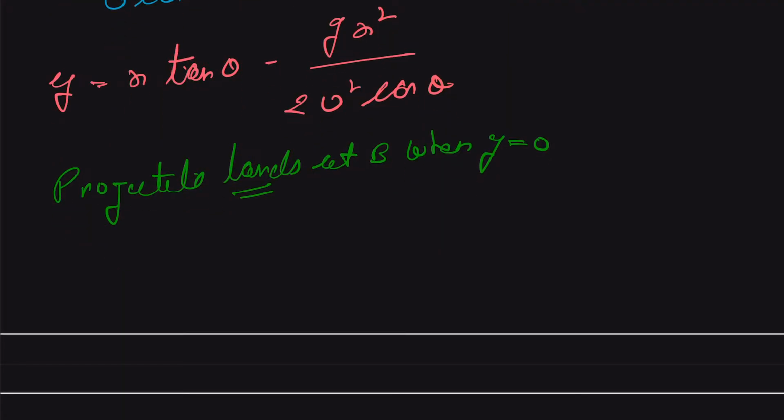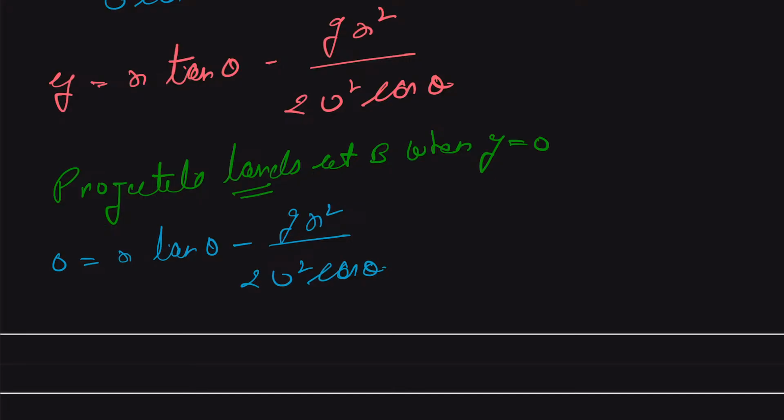Okay. Therefore we put y equal to 0, so we get 0 is equal to x tangent of theta minus g x square upon 2 v square cos square theta.